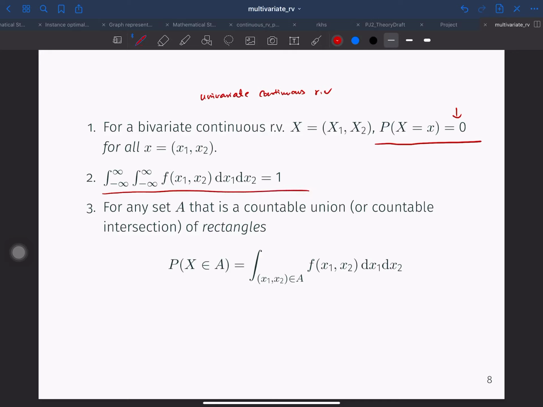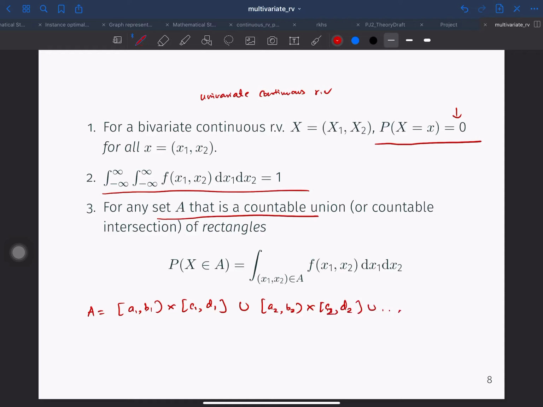And now the key point is that for any set A that can be written as a union of rectangles, for example, A as (A1, B1) multiplied by (C1, D1) for the first rectangle, union (A2, B2) multiplied by (C2, D2) for the second rectangle, union dot dot dot.